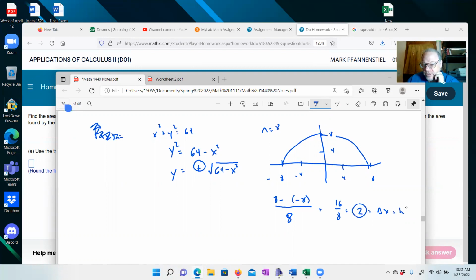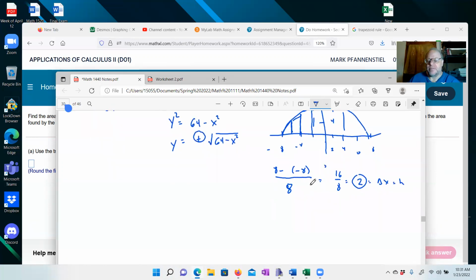We're going negative 8, negative 6, negative 4, negative 2, 0, 2, 4, 6, and then 8. So here are the trapezoids that we're going to be using. Same idea with Simpson's rule, except instead of trapezoids, we're going to be using parabolas, so it'll be a little bit closer here.